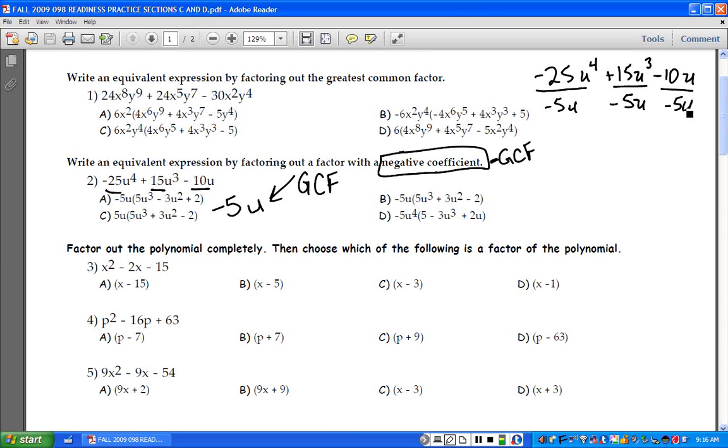That's all we're doing. Taking each term in the initial polynomial and dividing each term by the GCF, which is a negative 5u. Okay, so negative 25u to the fourth divided by negative 5u. Negative divided by negative is a positive. 25 divided by 5 is 5. u to the 4 over u to the 1, 4 minus 1 would be u to the third.